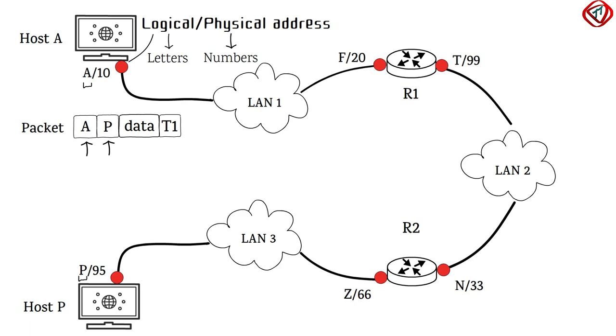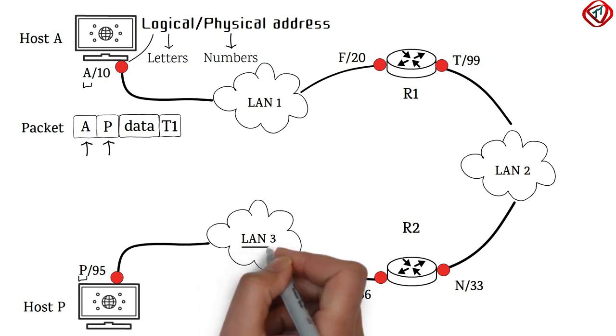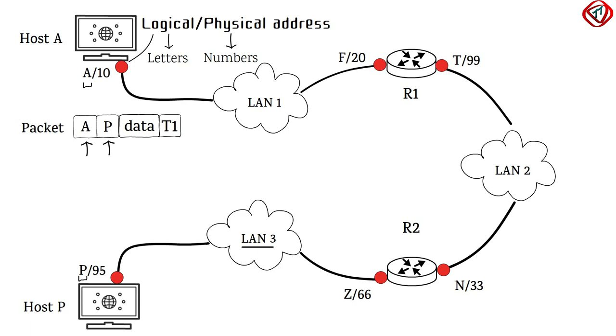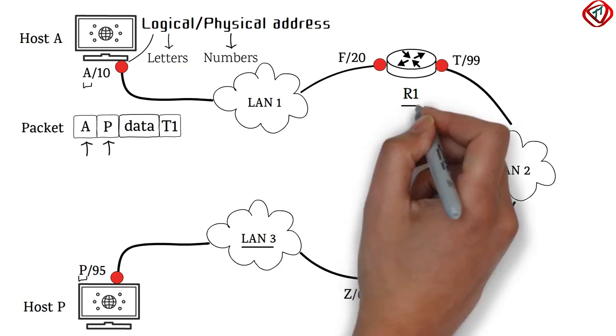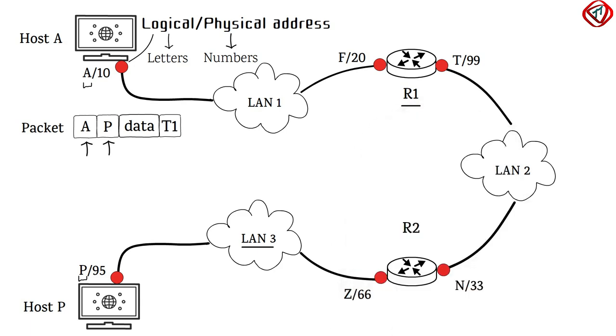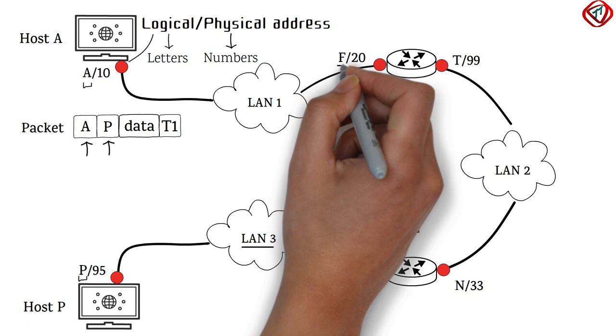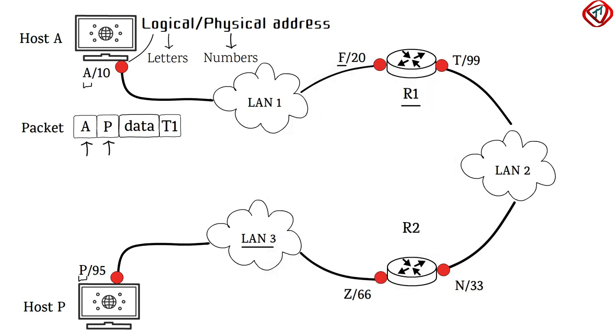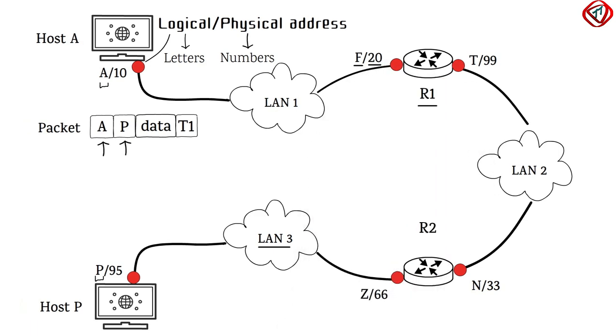Since the destination host is present in a different LAN, the data first must route to the router 1. The network layer finds the logical address of the router 1 using the routing table. Address resolution protocol gives its physical address 20.